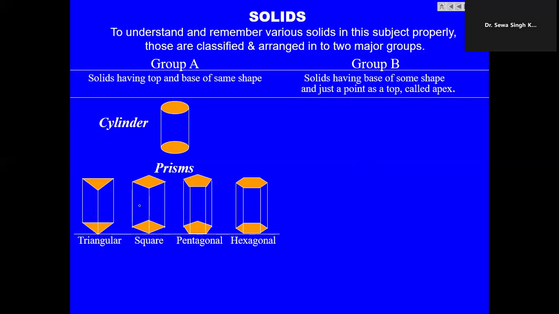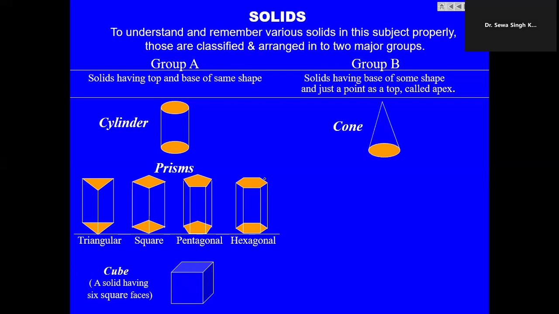Two square bases connected with four rectangular faces, it is square prism. Two pentagonal bases connected with five rectangular faces, it is called pentagonal prism. Likewise, hexagonal prism is there. And a cube, we know it has six square faces.